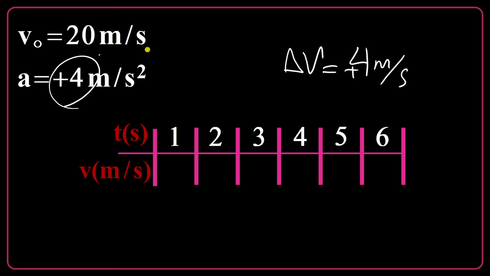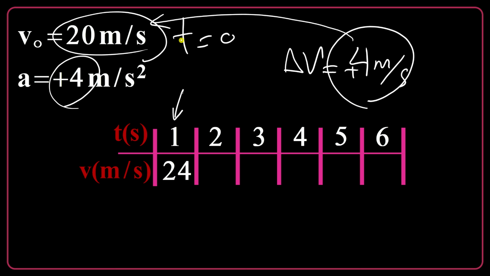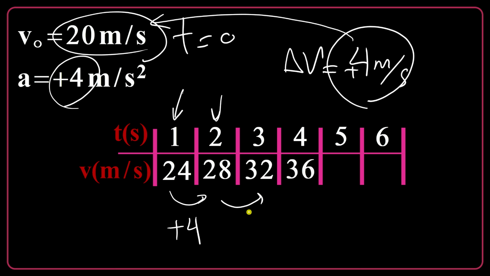So if the velocity is 20 at t equals 0, at t equals 1, it will be added by 4. So it's 24. 4 plus 20. Now at t equals 2, we should add another 4. So it's going to be 28. Another 4 is 32. Another 4, 36, and so forth.